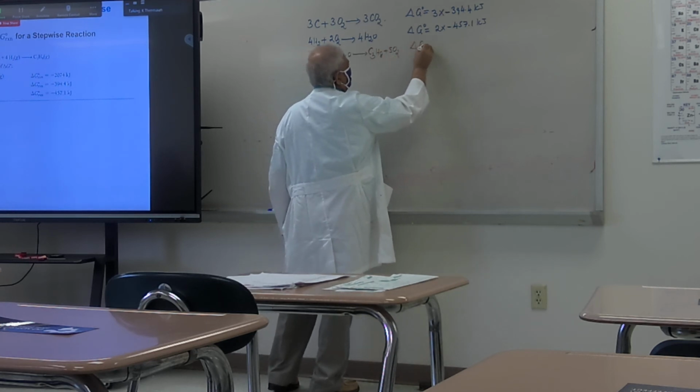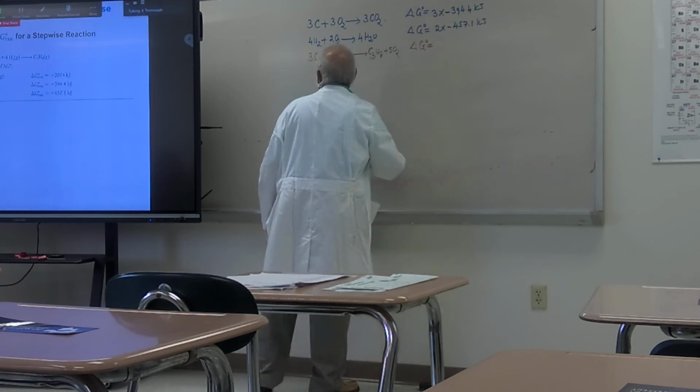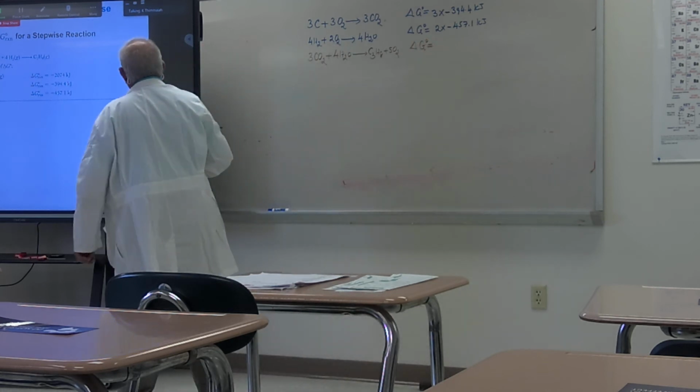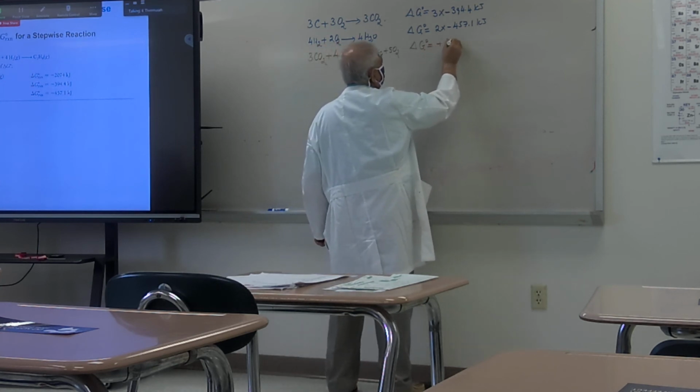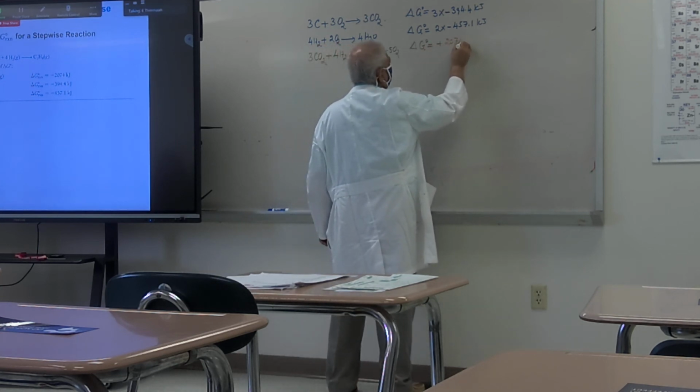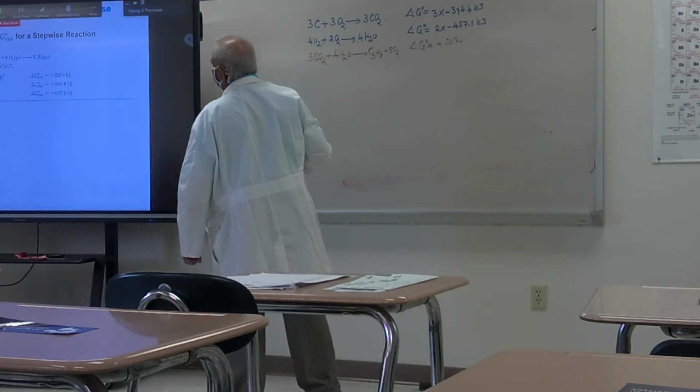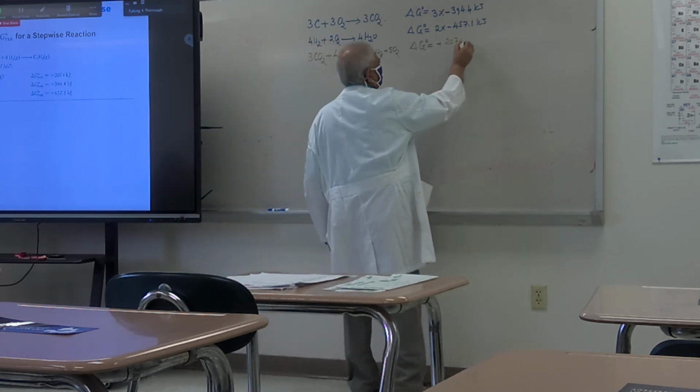So now this is going to become what? Delta G0 equals positive 2074 kilojoules. Agreed?